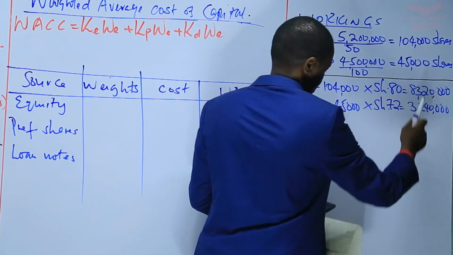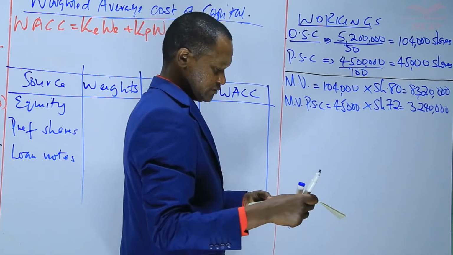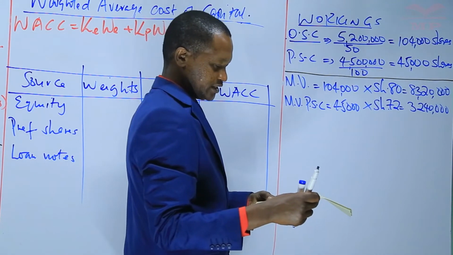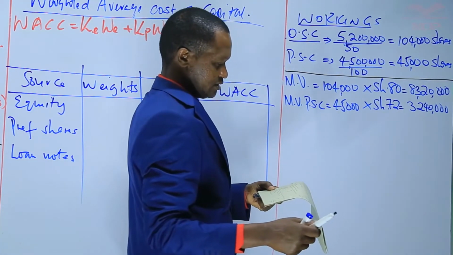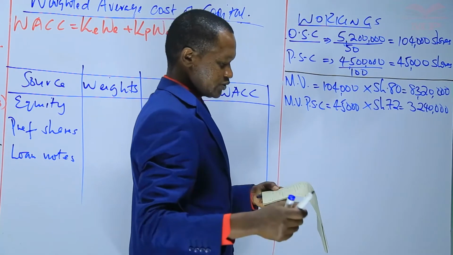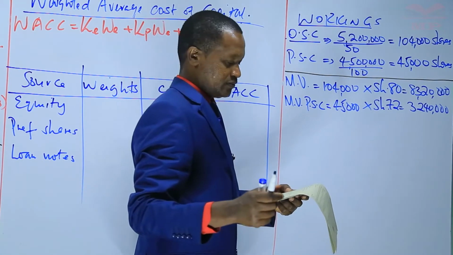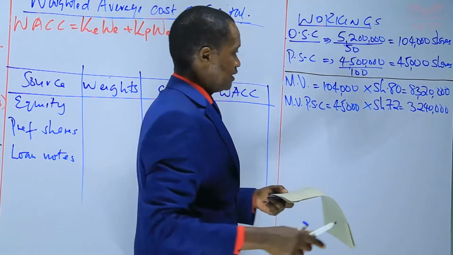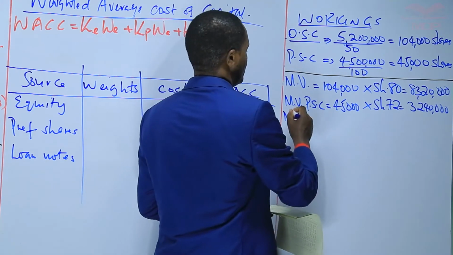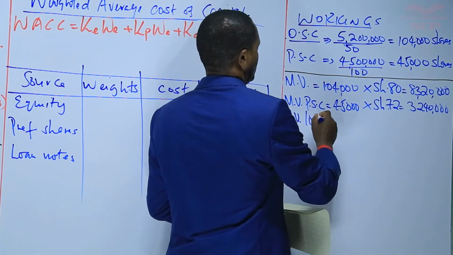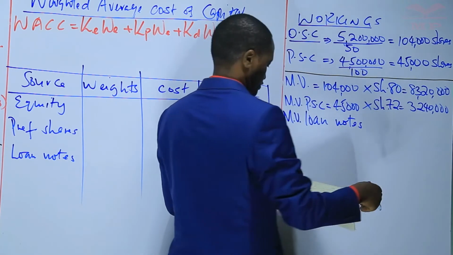Then we will add the market value of the loan notes. Note number 3 says the loan notes are quoted at par. So the par value of loan notes is 5 million, and today is still 5 million. So the market value of loan notes is 5 million.